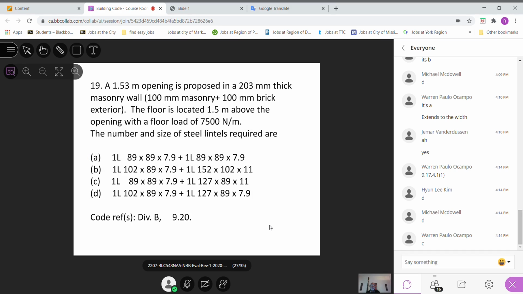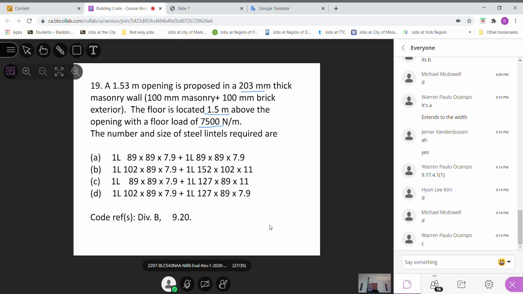Okay, so let's do another one, 9.20. Now we have a 1.53 meter opening. It's proposed in a 200 millimeter block, 100 masonry, and a 100 brick exterior. The floor is 1.5 above, and we have a load of 7,500 newtons per meter.